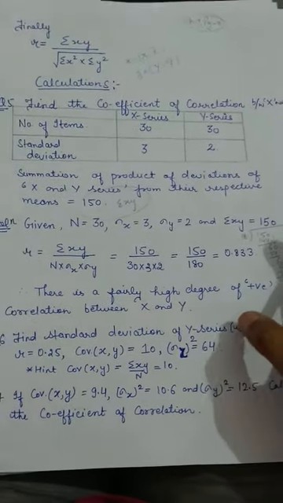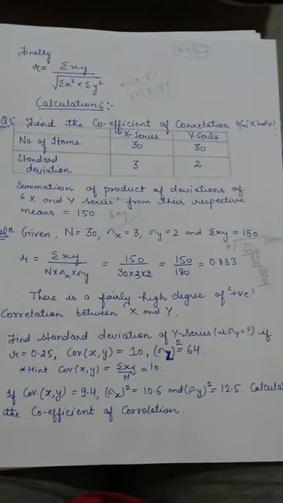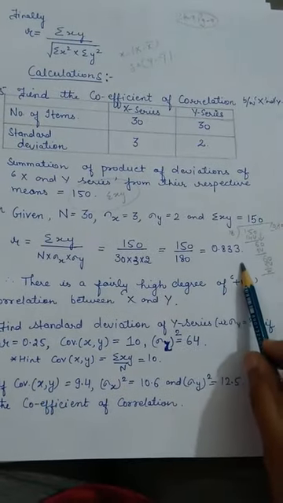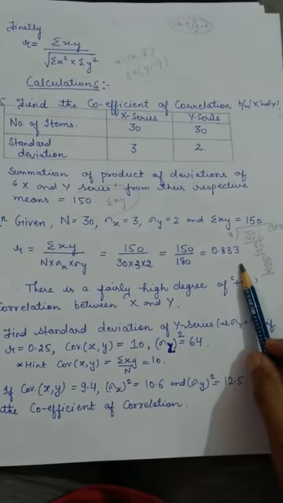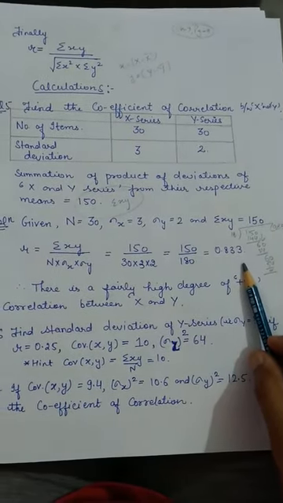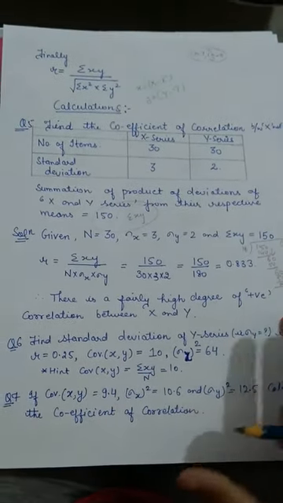So this was your calculation. So children, after getting this value, according to the coefficient degrees table, you can find that it is a fairly high degree of positive correlation.